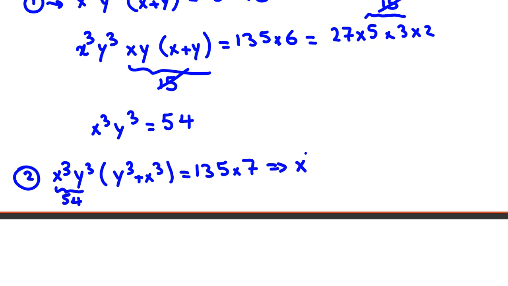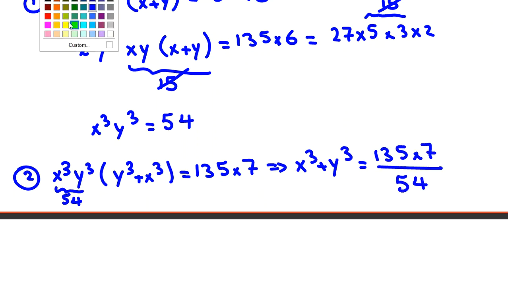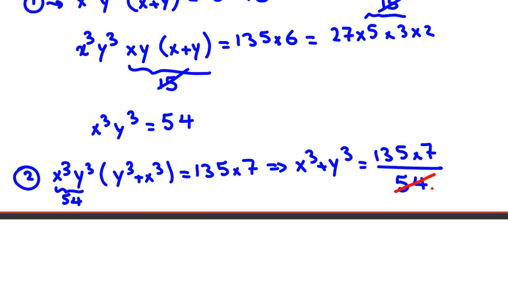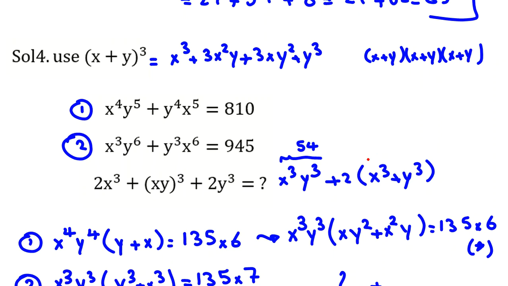So x cubed plus y cubed is what? Is 135 times 7 over 54. If we simplify it by 27, it will be 2 times 27. It is 5 times 27. So it will be what? 35 over 2. So x cubed plus y cubed is 35 over 2.